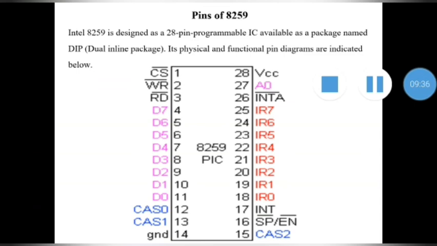Then pin number 27 is A0, the address input pin. This pin is used for selecting the type of command word used for processing. The last pin is VCC, that is the power supply.